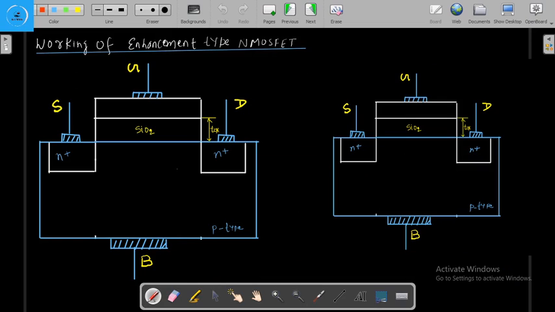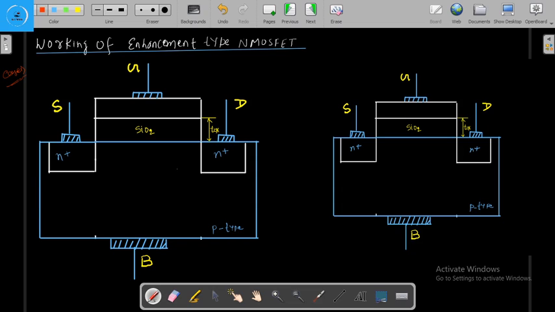I have already drawn the MOSFET here to save time, so I am writing case 1 here. We are going to see the working of the enhancement type MOSFET in different cases, so that it will be easy to understand.